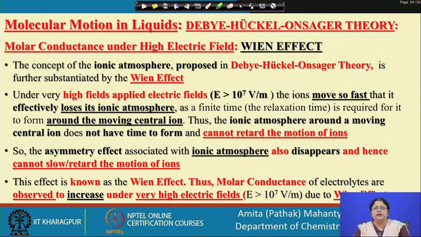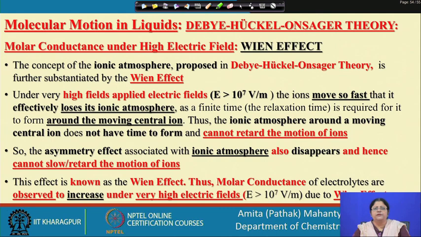This relaxation time is not going to be available if you are having a very high electric field associated. What happens? The ions are moving so fast that the ionic atmosphere does not get the chance to form around the central ion. So, the asymmetry effect associated with the ionic atmosphere also disappears.